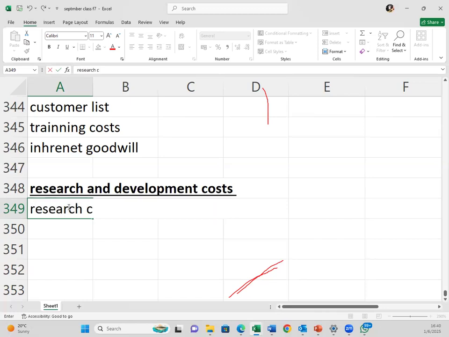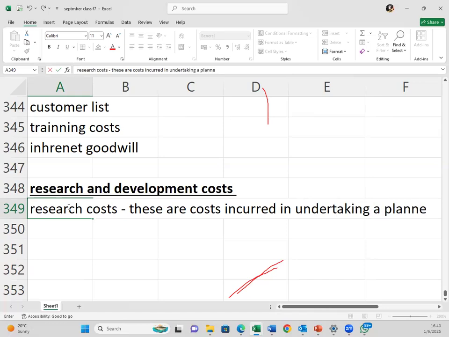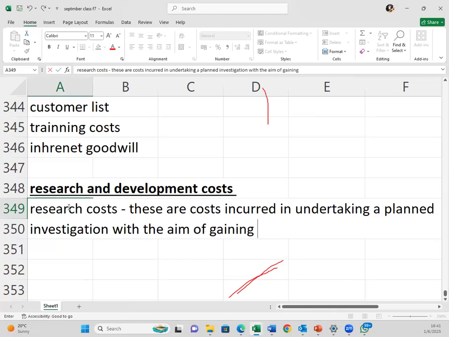What are these? The research costs are costs incurred in undertaking a planned investigation with the aim of gaining scientific knowledge and understanding.